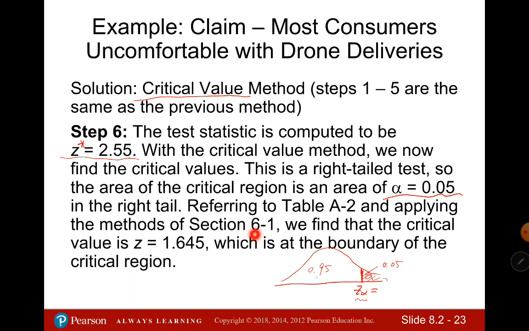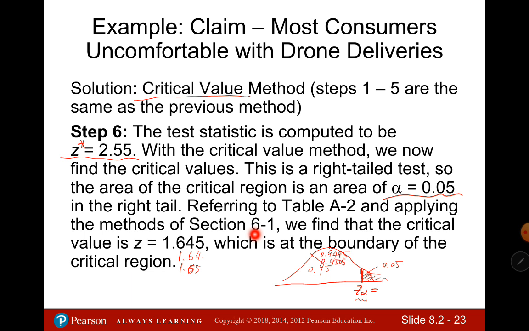If you check the body of your Z table, you will find two values closest to 0.95, because we cannot find exactly 0.95. They are 0.9495 and 0.9505.